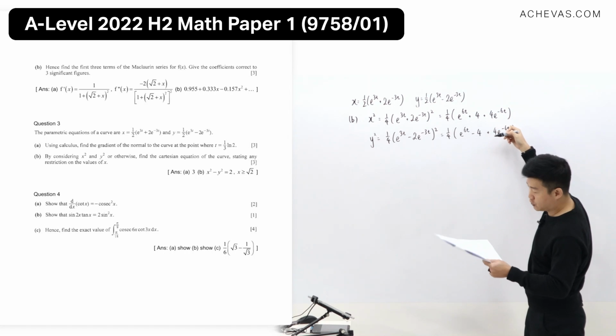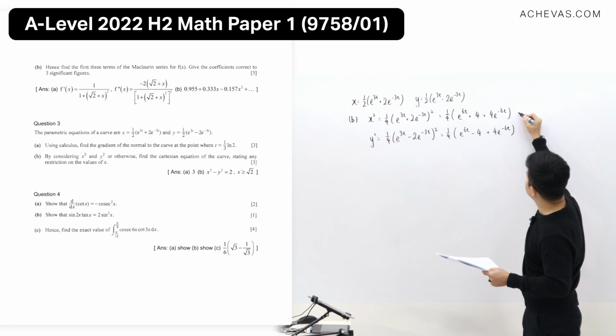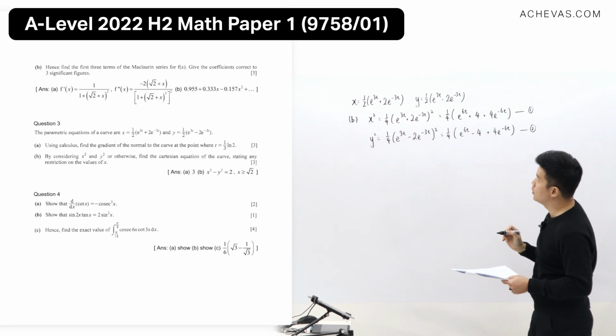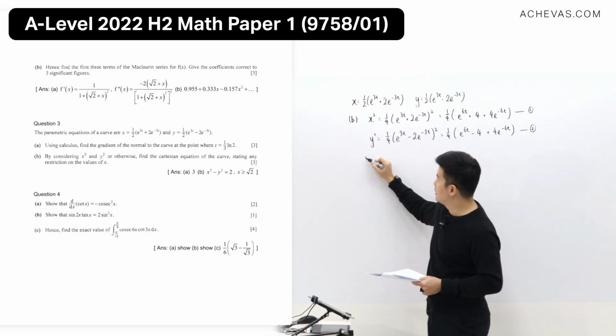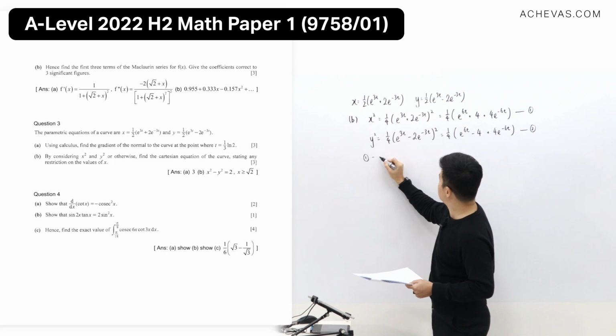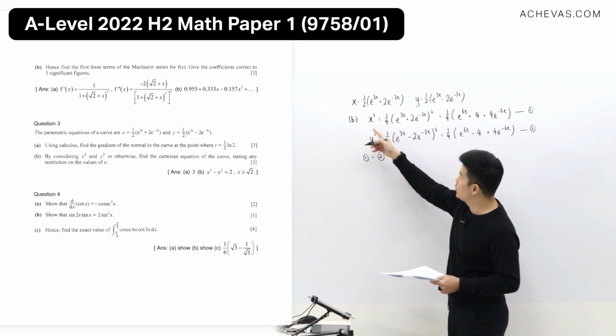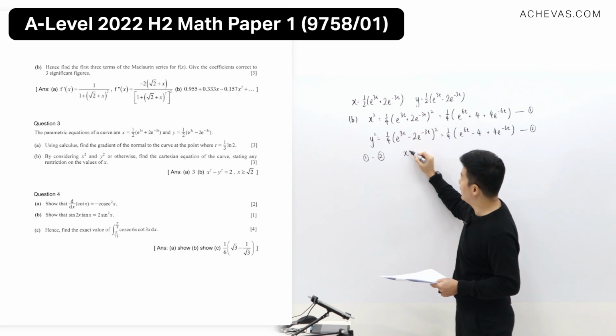This is 4 minus 4. So let's take this as equation number 1, this as equation number 2, and we can do equation number 1 minus equation number 2. By doing so, on the left-hand side, we will have x squared minus y squared.